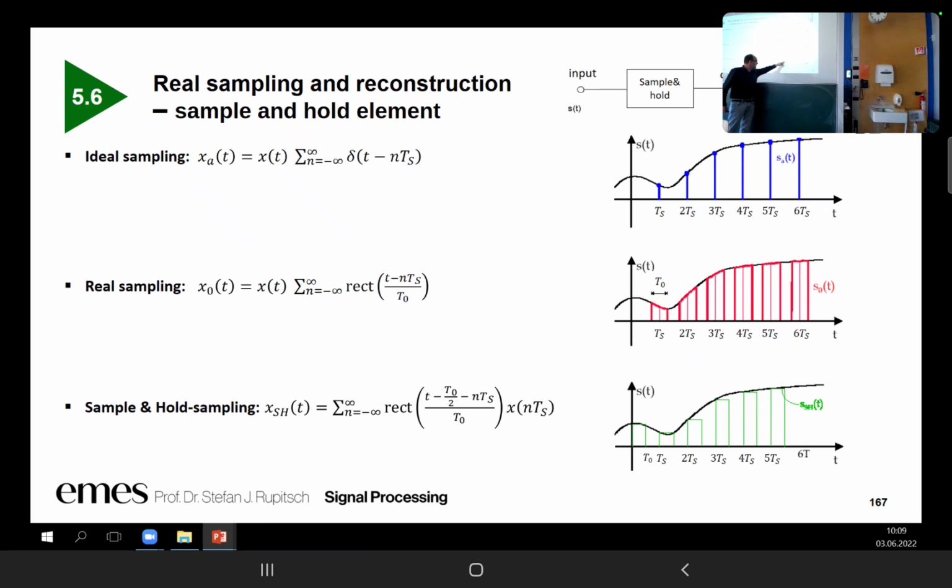And again, the signal remains at this value. What do you think? Why is it important to have this whole procedure for a certain period of time? Think about the conversion of the analog signal to the digital world.